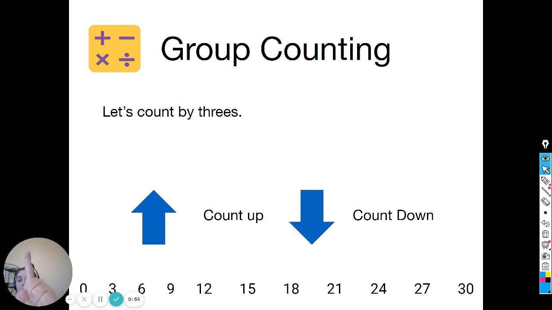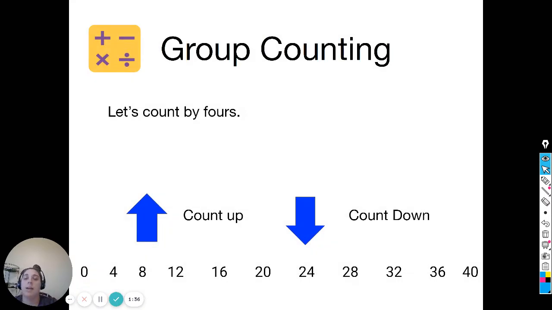Ready? 3, 6, 9, 12, 15, 18, 21, 24, 27, 30, back down, 27, 24, 21, 18, 15, 12, 9, 6, 3, 0.